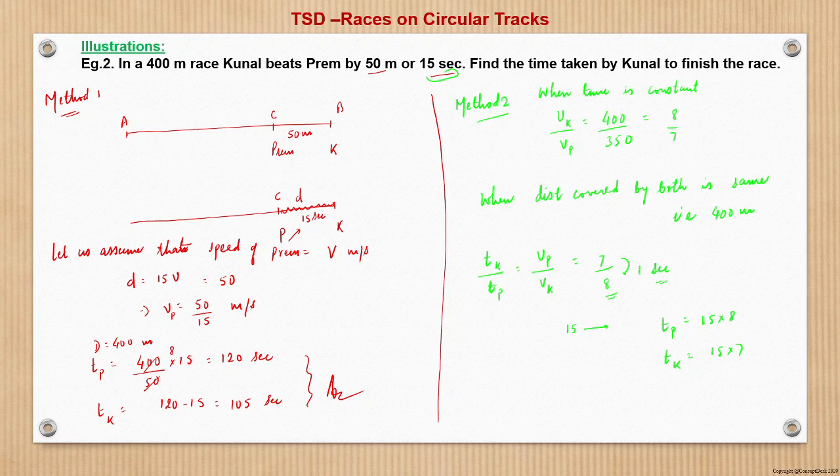When the difference is 1 second, the respective time taken by Kunal and Prem is 7 and 8 seconds. So when the actual difference is 15 seconds, it will be 15 into 7 and 15 into 8. So this is 120 seconds, this is 105 seconds.